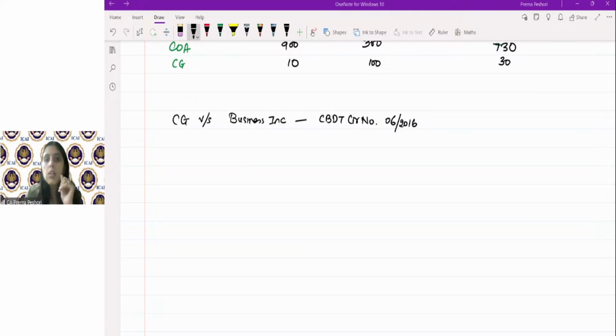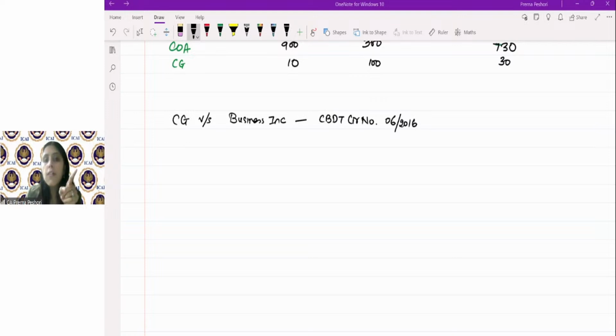Okay. So now section 48, as I was telling you, gives you the computation mechanism for the capital gain. Now, how do you compute the capital gains? You will have the full value of consideration, which will be your sale consideration.